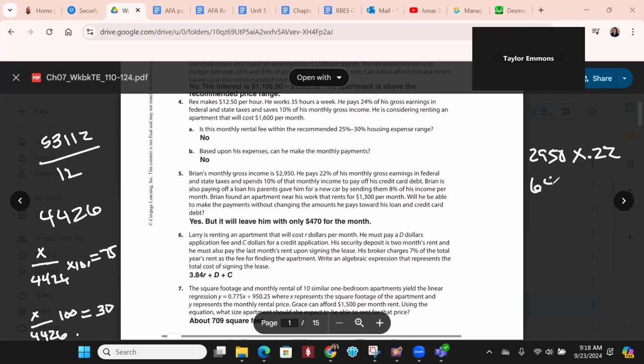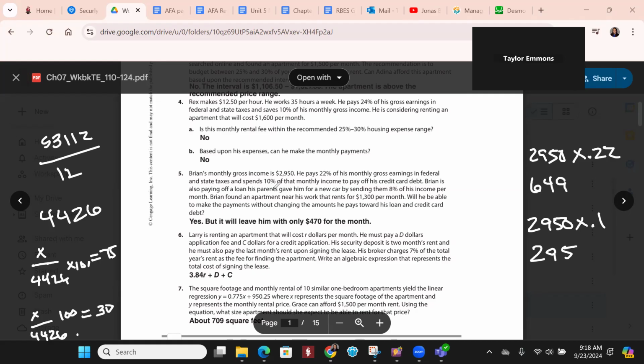That's $649 that he spends in federal. If we want to find 2,950 times 0.1, because 10% goes to his credit card, we're going to type 2,950 times 0.1, and that's going to give us $295.